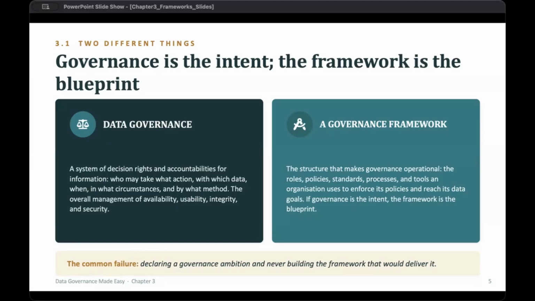In what circumstances? By what method? Availability, usability, integrity, and security. Where is the blueprint for us to do so? The blueprint is what we call the data governance framework.